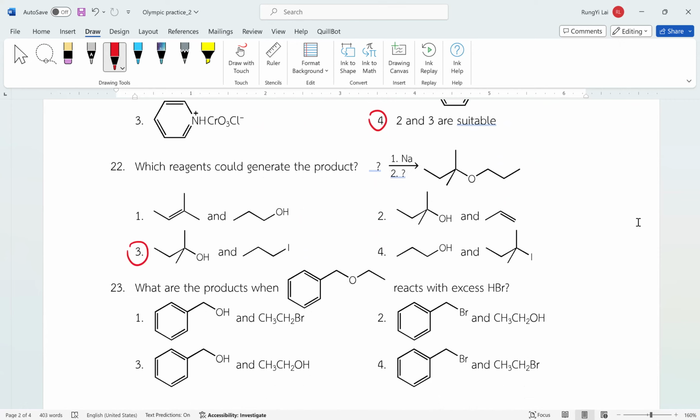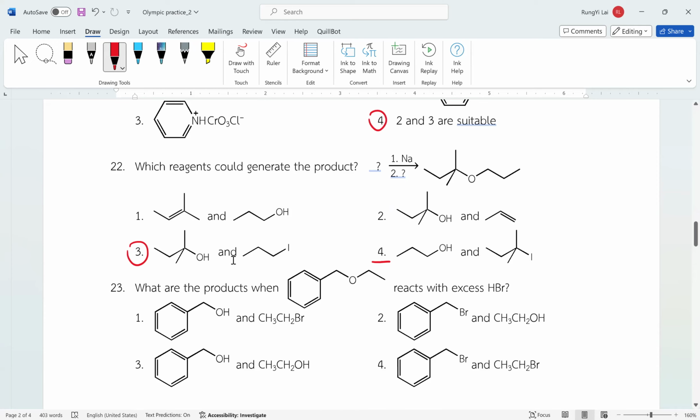The question is trying to let you compare 3 and 4. Actually, you are not supposed to choose 1 and 2 because they are never possible reactions.